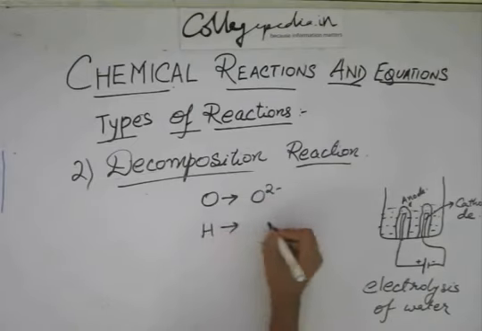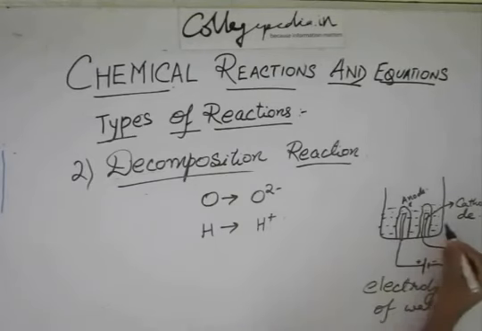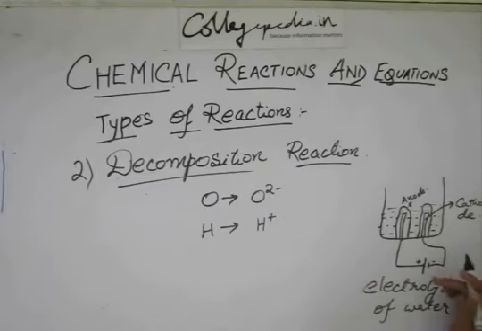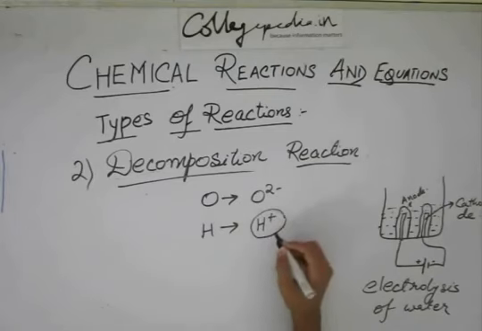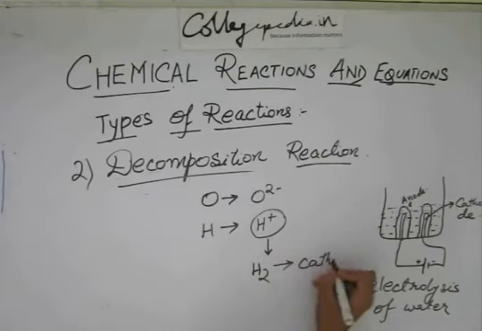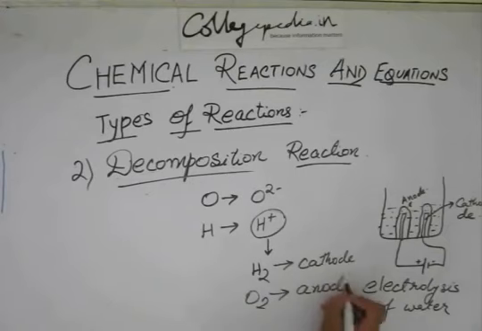Hydrogen will form the cation, which is H plus. So cations move towards the cathode because it's negatively charged. The plus will move towards the minus, obviously. So this cation, hydrogen, will collect over the cathode, and the oxygen will collect over the anode.